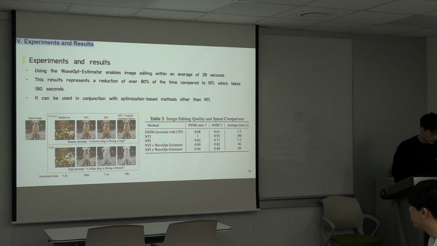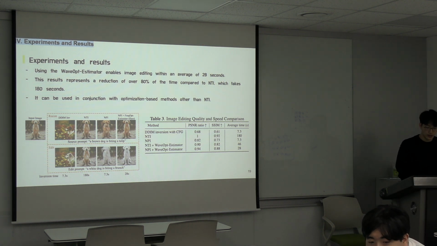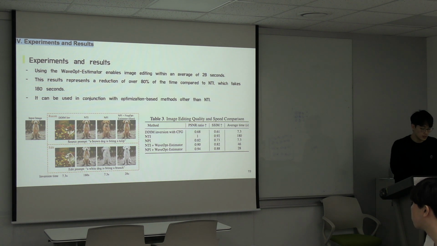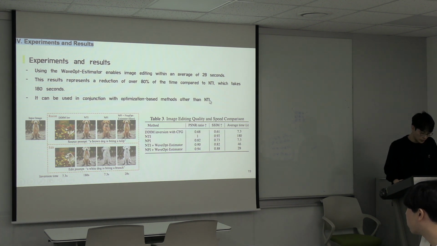So this result means that our model can reduce over 80% of the editing time compared to null text inversion, which takes 180 seconds. And it can be used in conjunction with optimization-based methods other than null text inversion.